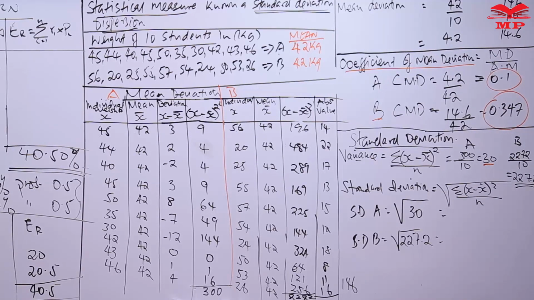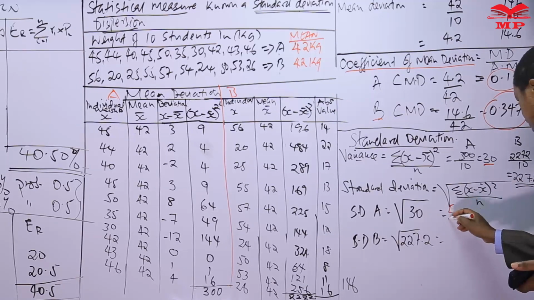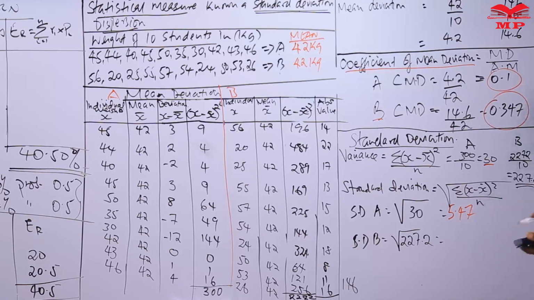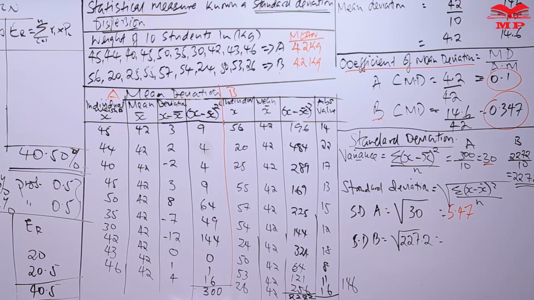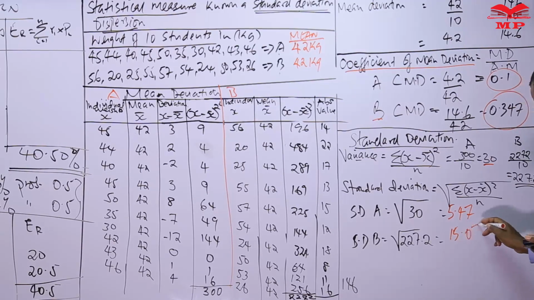The square root of 30 is equal to 5.47. Then the square root of 227.2 is 15.07. That's the standard deviation.